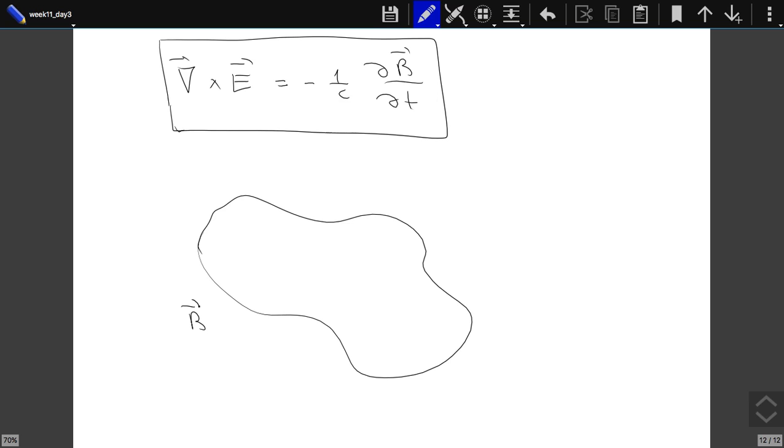Now this loop will be changing in space. So let's say we take some segment over here, dl. Now it will be displaced in this direction. Let's call the velocity of that point v.